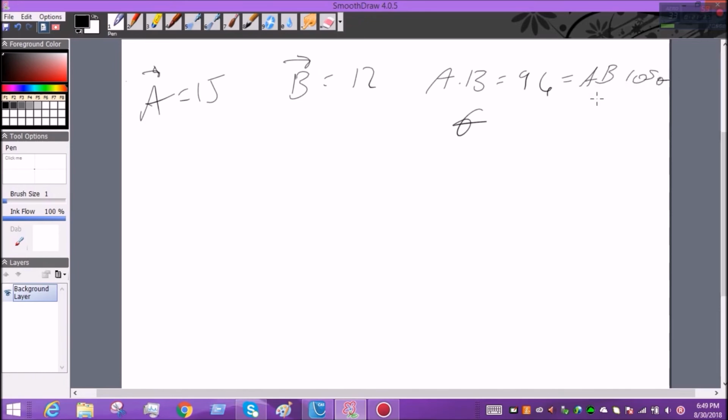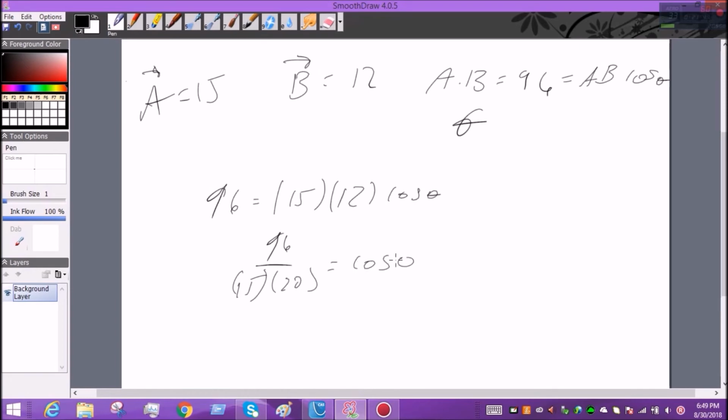cosine of theta. So if we rearrange, we get 96 equals 15, which is the magnitude of A, times 12, which is the magnitude of B, times cosine of theta. So we get 96 over 15 times 12 equals cosine of theta, and thus the inverse cosine of 96 over 15 times 12 equals theta.